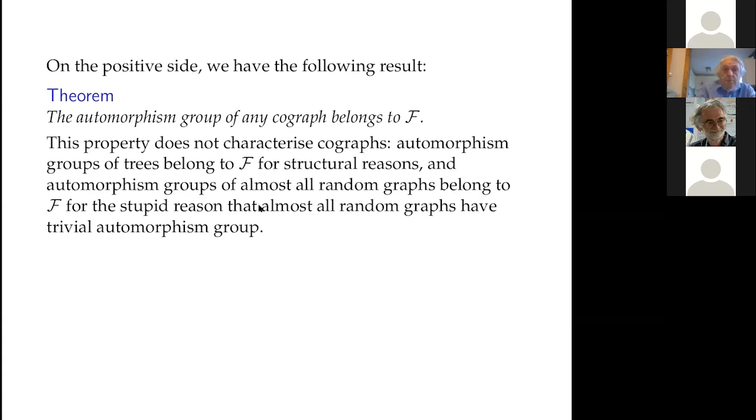And the automorphism groups of almost all random graphs belong to F. Well, Gareth told us about finite random graphs yesterday. Erdős and Rényi showed that they almost all have the trivial automorphism group. So this is a rather stupid reason for belonging to F, but they do at least belong to F.